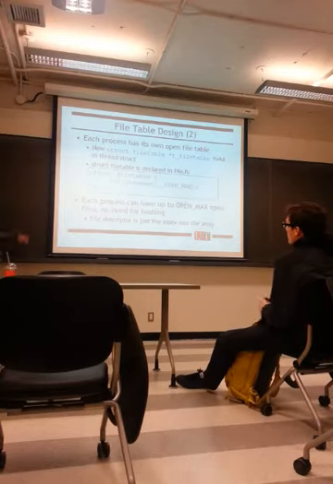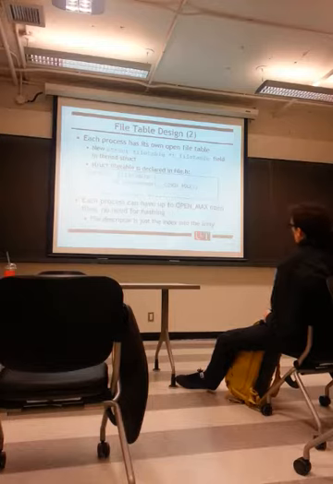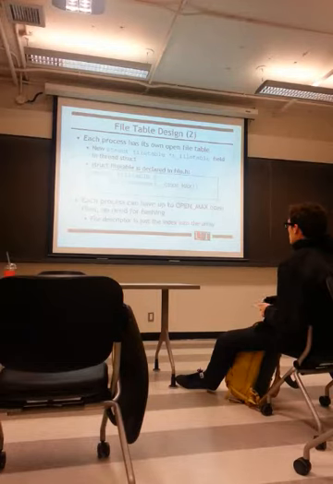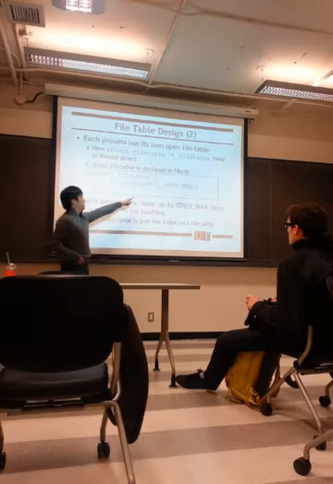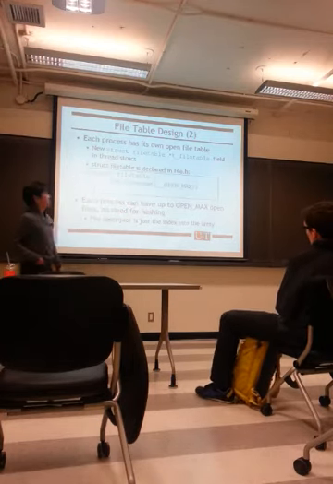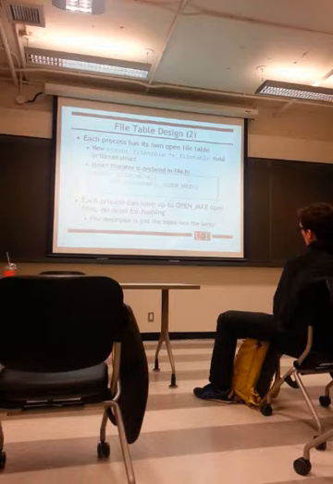So if you get your current thread, you can get the file table for that process by using that variable. And as I said, you don't have to hash the table, so the index to this table will be the file descriptor. And there's a limit to the number of files that a process can open, which is open max, shown here.